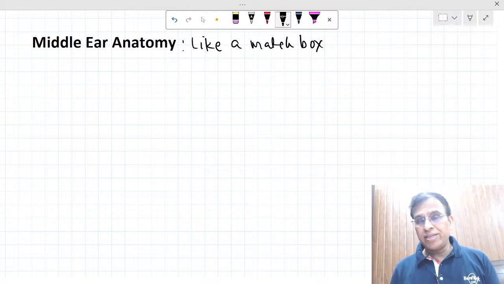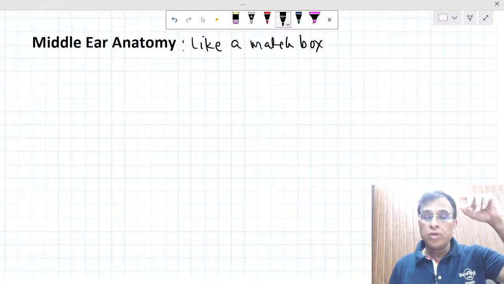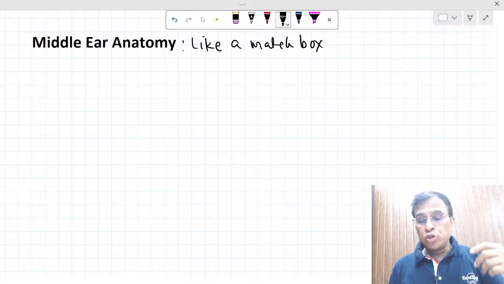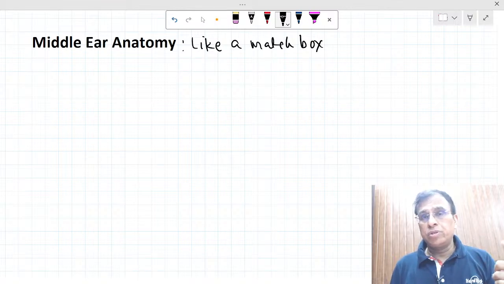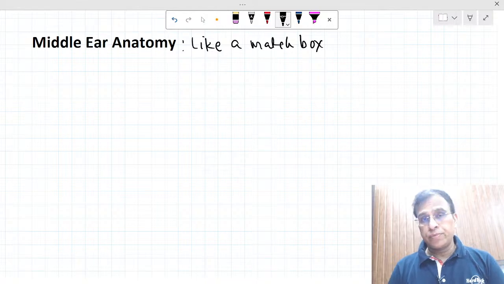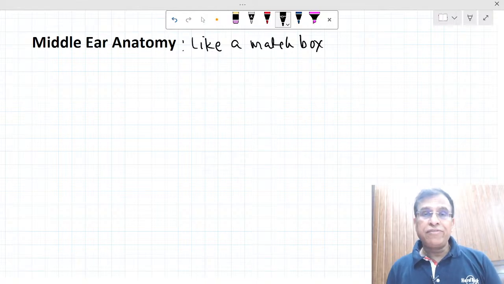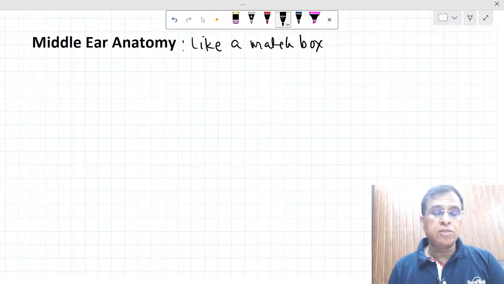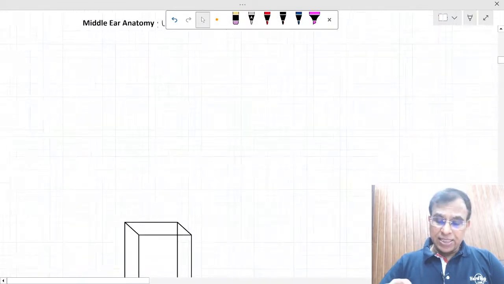Like the room that you are sitting in has 6 boundaries. On top of you there is the roof. Below you is the floor. Assume the wall in front of you, the wall that is facing you, is the anterior wall, lateral wall, outer wall. So the wall behind you will be the inner wall, medial wall. On your left side is the anterior wall. On your right side is the posterior wall. 6 boundaries. That's why it is compared to a matchbox.